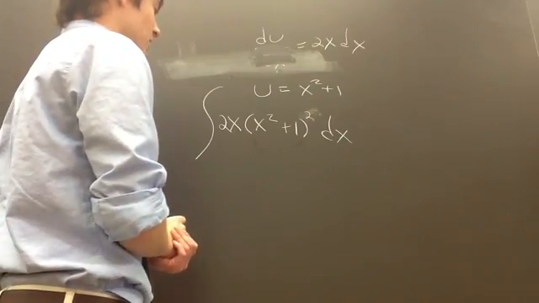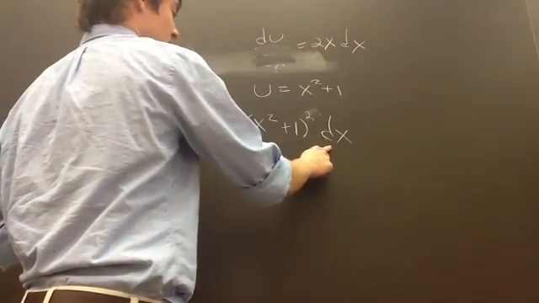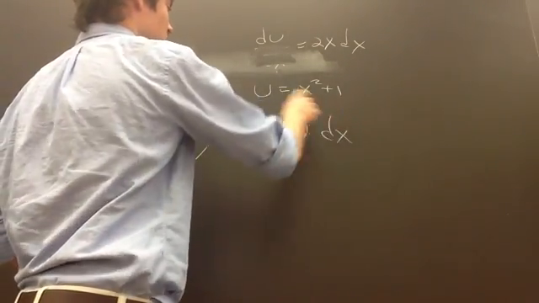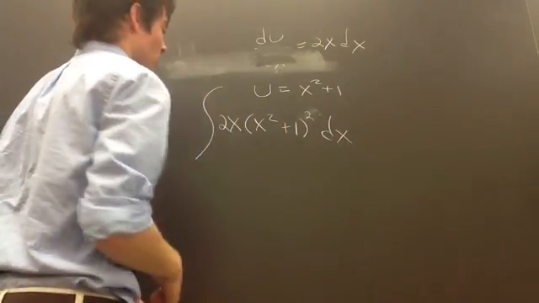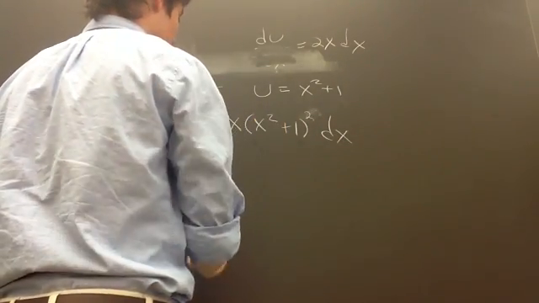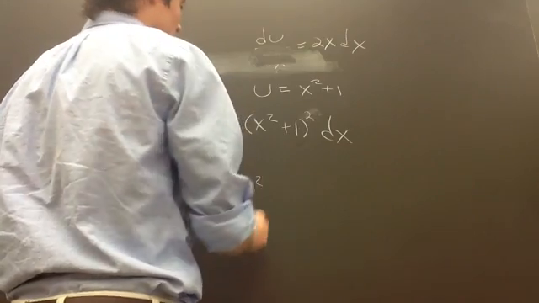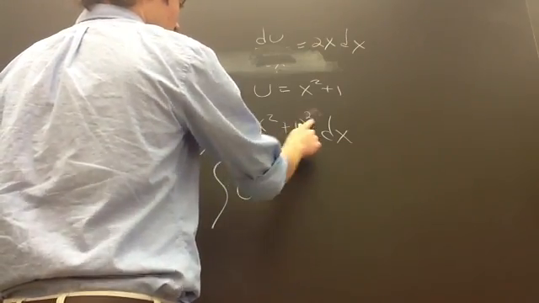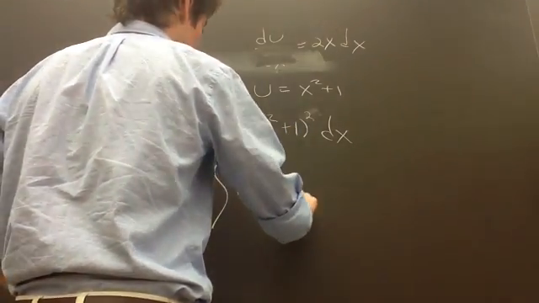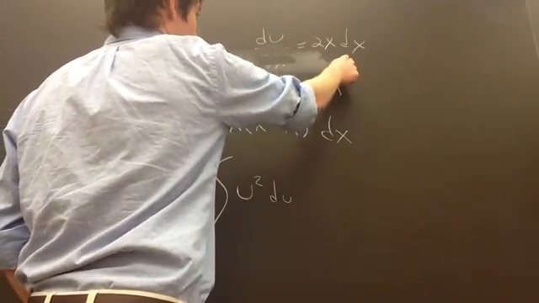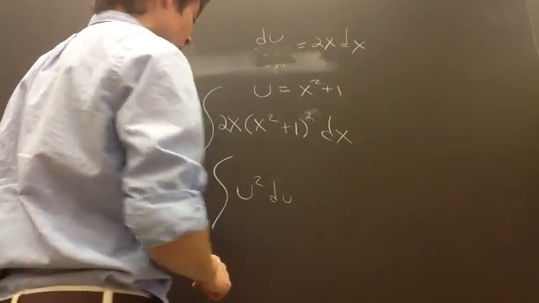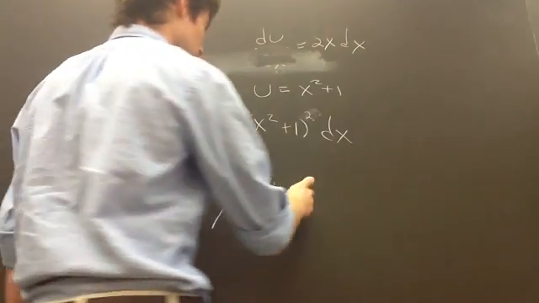Now, where do we have that? Well, right here, 2x times dx. And we know that x squared plus 1 is equal to u. So this whole integral, subbing it in, is equal to u squared, because this is equal to u, so u squared times du, because du is equal to 2x dx. Now this is easy. We just use power rule.